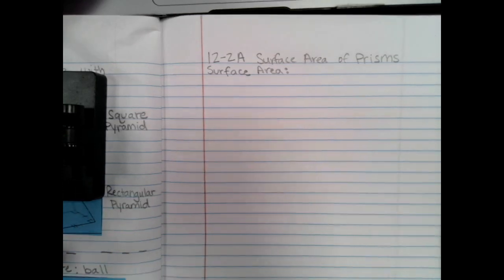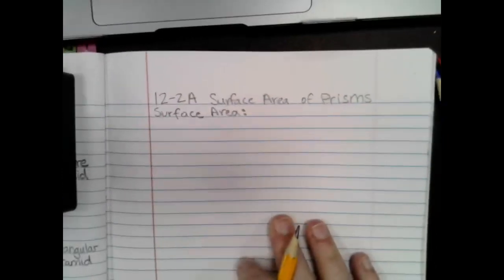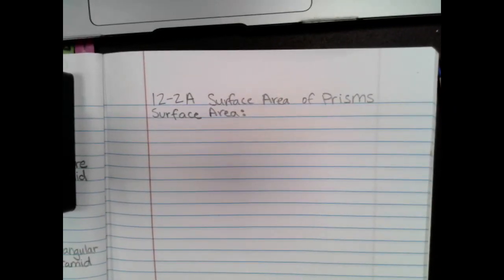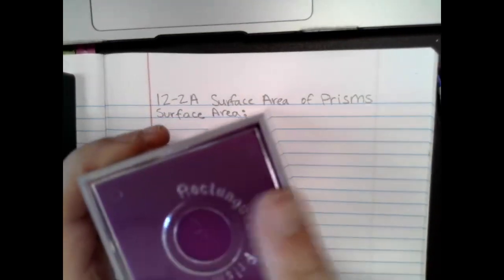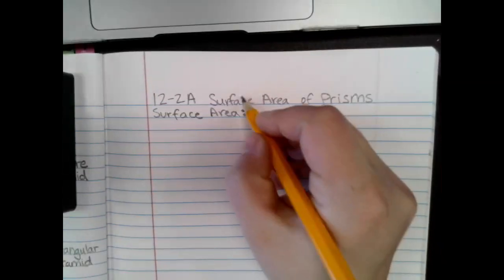All right, so does anyone remember what is area? We talked about area last chapter in chapter 11. Area is like the space that something covers, the amount it covers. So when we talk about surface area of a prism, we're talking about all the areas that this covers, all the sides. So it's the sum.